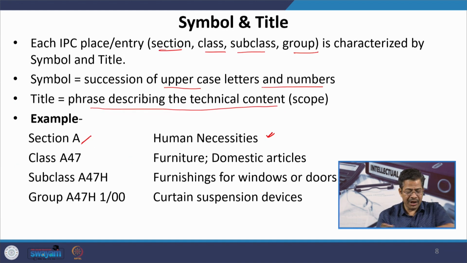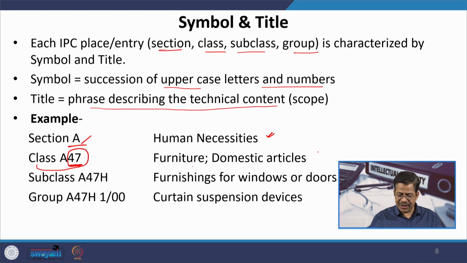So, for example, if it is a patent starting with capital letter A, it is about human necessities, which is followed by its class. These two digits are representing the class, where in A, if it is 47, it is about furniture, domestic articles, that is the class of this.